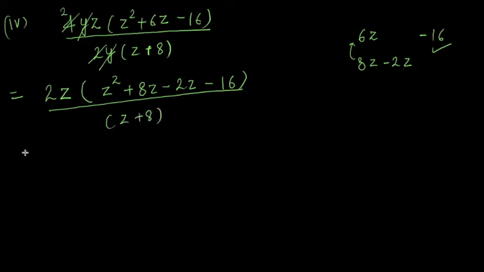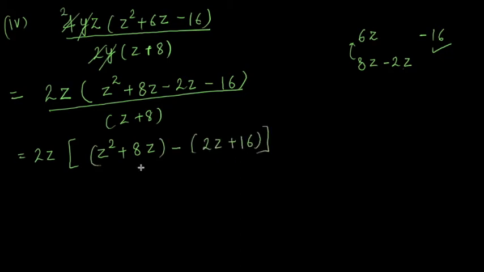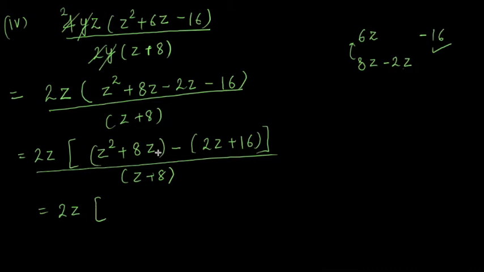Now we will again apply regrouping. Z square plus 8z, I put in one bracket, this minus, and 2z plus 16 goes in another bracket, then z plus 8. Taking out common from the brackets, what is common here? Z is common. I am left with z plus 8, minus 2 is common.